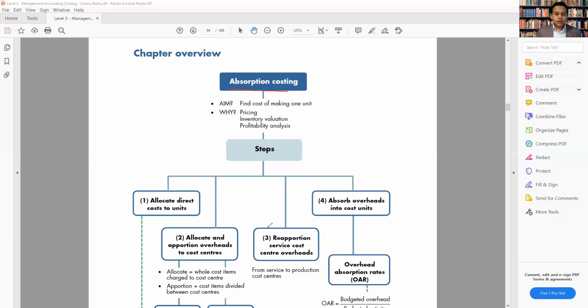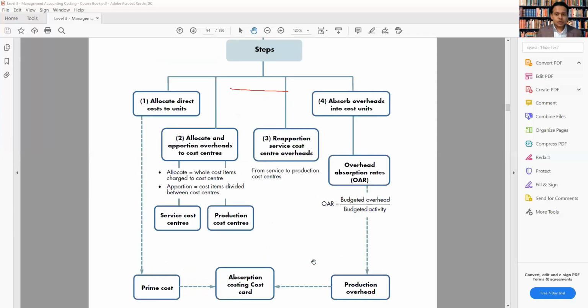From this chapter, we're going to see everything relevant to allocation and apportionment. The first one is to allocate the direct cost to the unit. As I said, if I know that a cost is directly relevant to that department, I can directly allocate the cost, and that is called allocation.